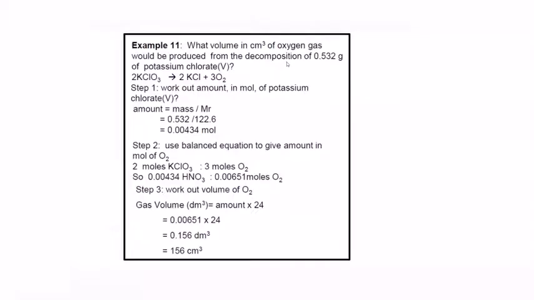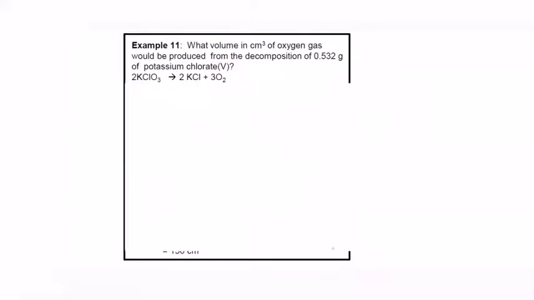Okay, next question is, what volume in cm cube of oxygen gas would be produced from decomposition of 0.532 grams of potassium chlorate? This I want you to solve and mention the answer in the chat.